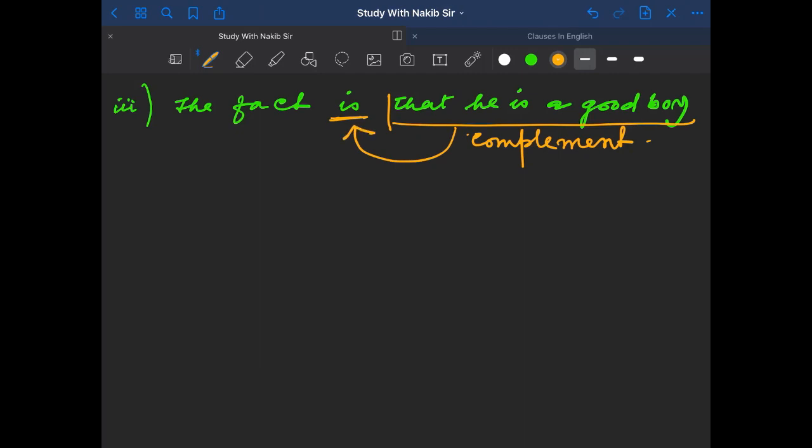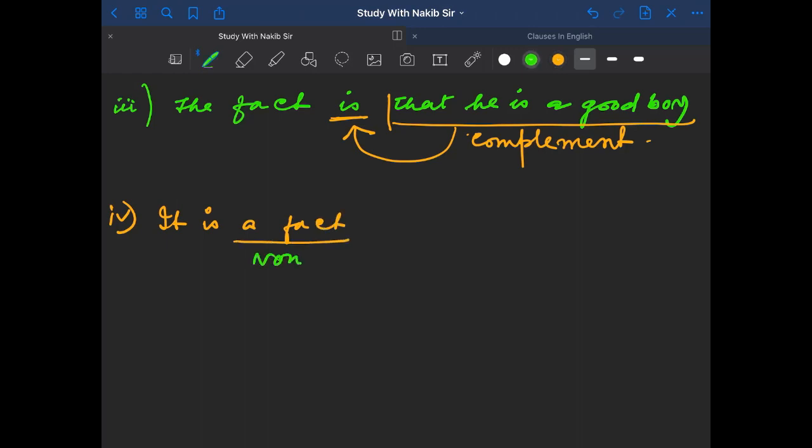Okay. Now number 4, that is apposition. Apposition, you know, a noun put by the side of a noun, and the second noun works as an adjective to the first noun. It's called noun in apposition. See the apposition example. It is a fact. Fact is a noun, you know.